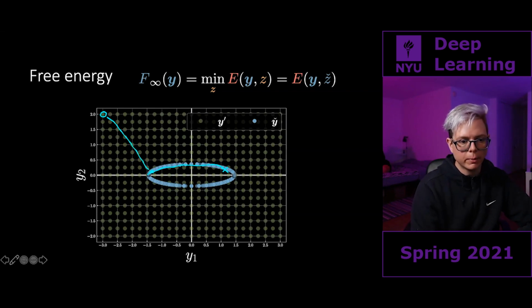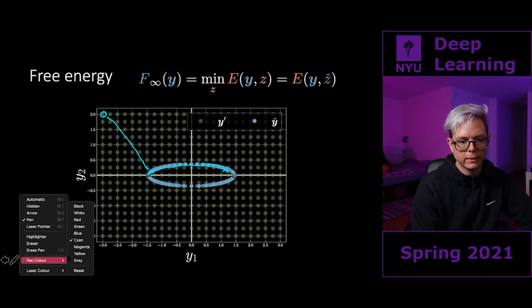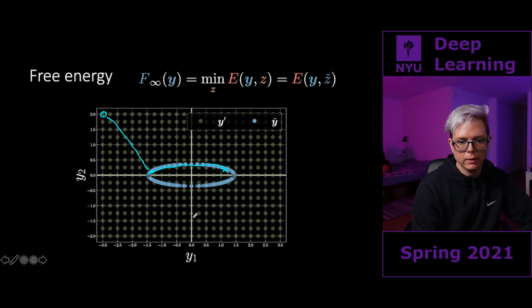Similarly, I can take another point over here, and we end up in this location over here. And then my free energy is going to be the square distance from that point, okay?